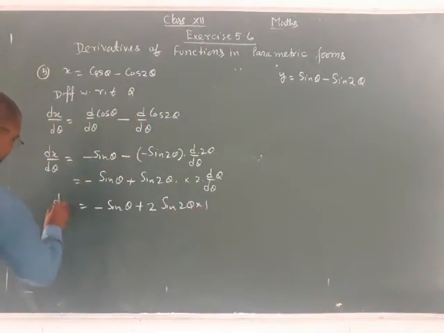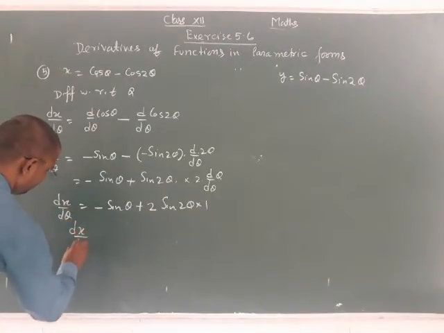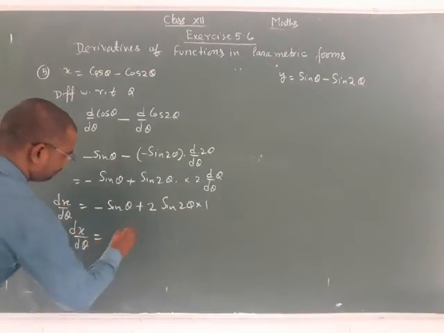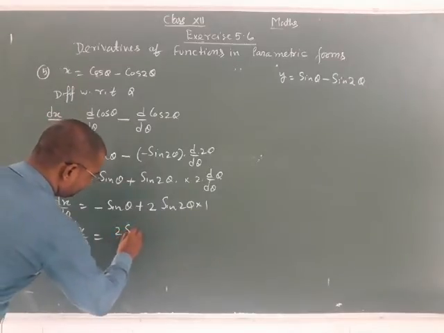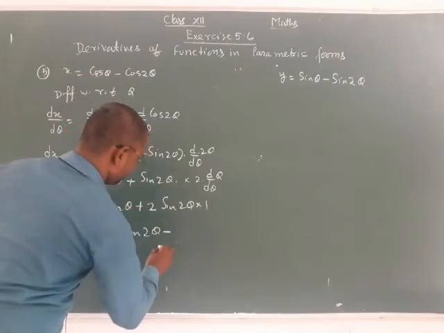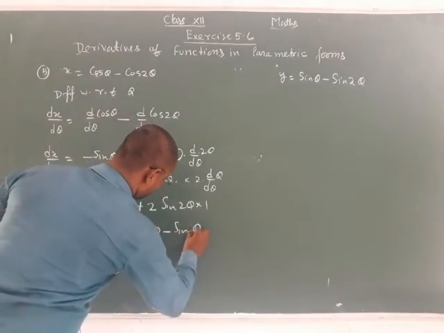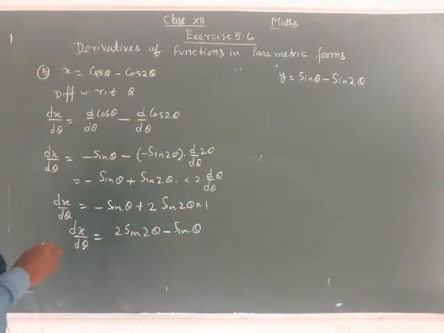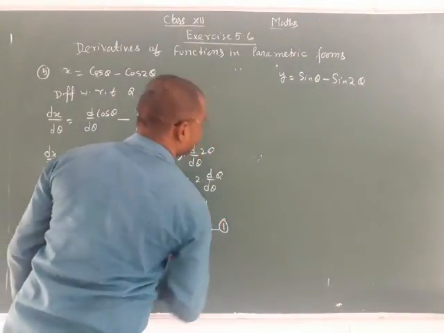So now dx upon d theta is equal to 2 sin 2 theta minus sin theta. This is the first part.